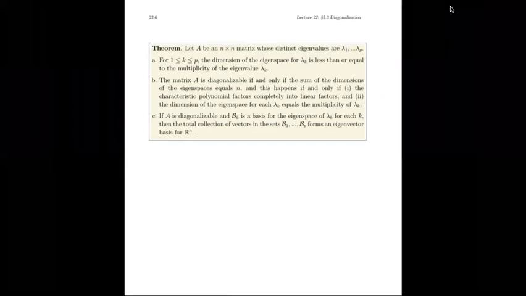Now this is just giving a sketch for the intuition of it. We can rely on this fact that each eigenvalue is going to have an eigenspace dimension that's no greater than its multiplicity.